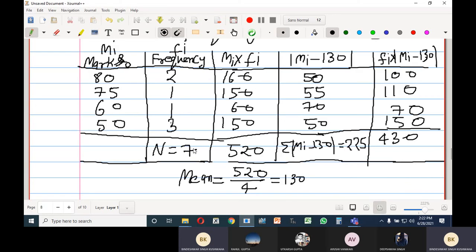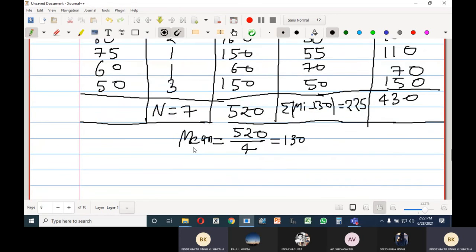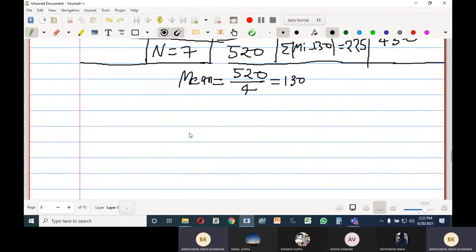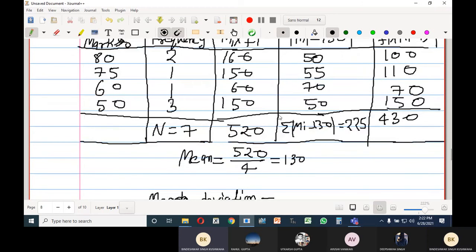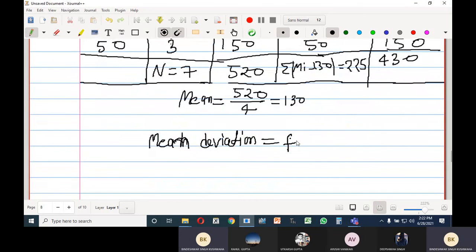So see that the average deviation, or mean deviation, would be mean deviation. The mean deviation would be here Fi, or you can say that you will write like this one.